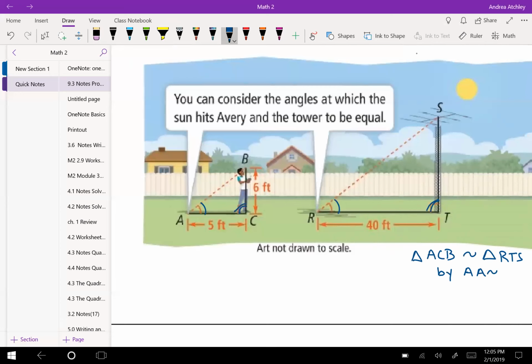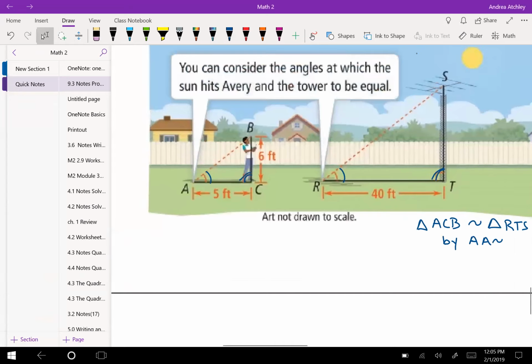So what would be my scale factor? Very good. My scale factor is going to be 5 and 40. Doesn't matter where you put it because they didn't tell us which one was the image and the pre-image. So 5 over 40. So 1 over 8.